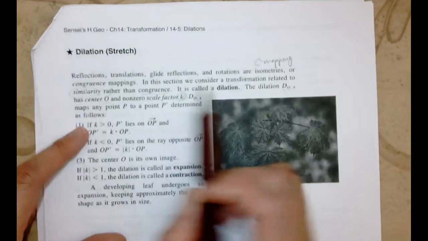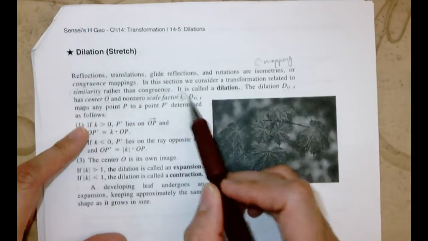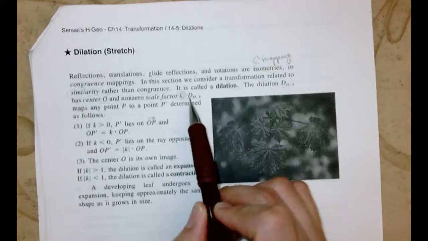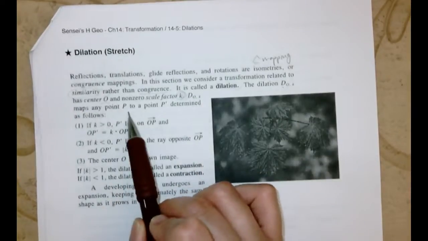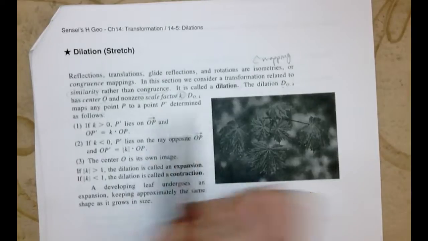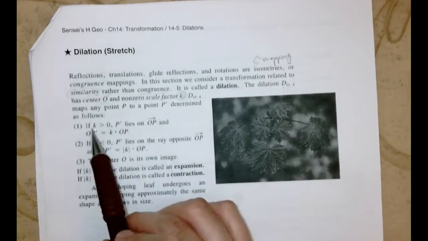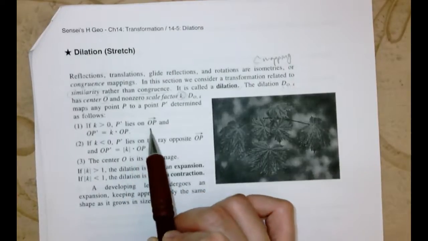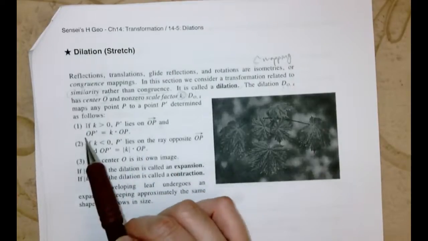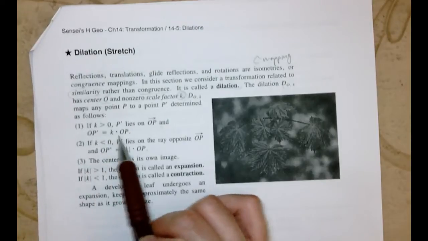Okay, so stretch or scaling, this is a scale factor. A dilation with center O and scale factor k maps any point P to a point P' determined as follows. If k is greater than 0, P' lies on ray OP, and OP' is k times OP.